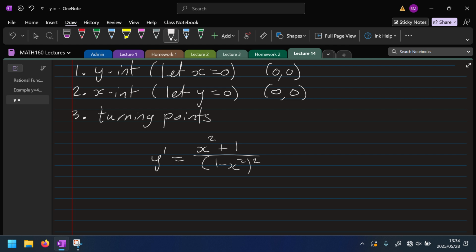Okay, it's just the normal quotient rule. Okay, you can fill that in. Now, the problem is, if we set this equal to 0, then we're not going to have any solutions because x squared plus 1 is never 0. So there's actually no solutions for this. Okay, so there are no turning points.